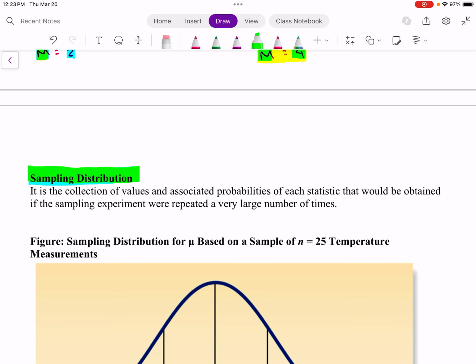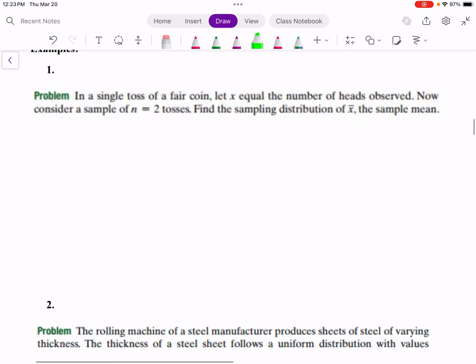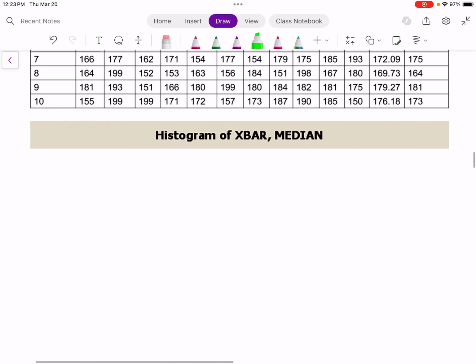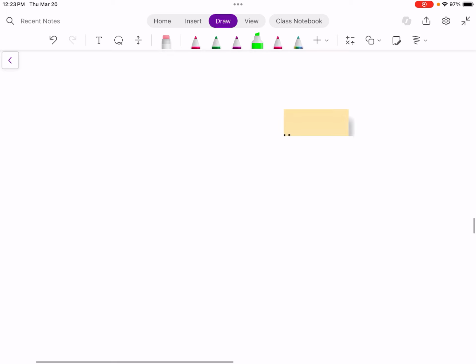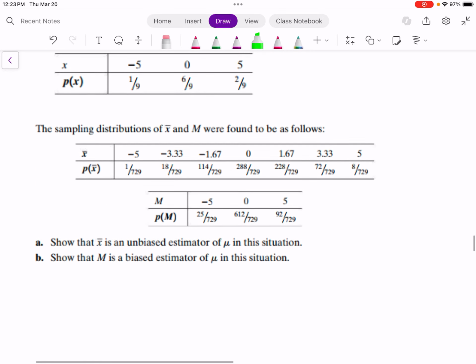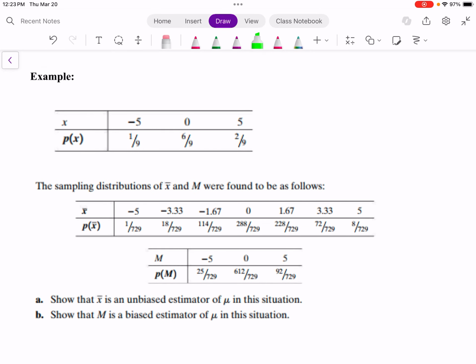Now let's take an example here. We have three different probability distributions. Out of these three, which distribution is a sampling distribution?